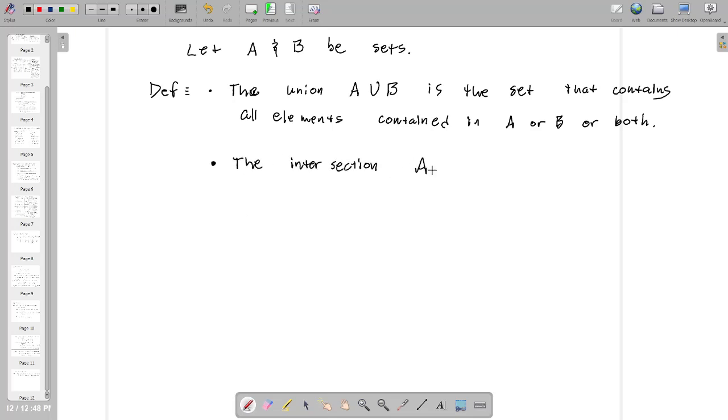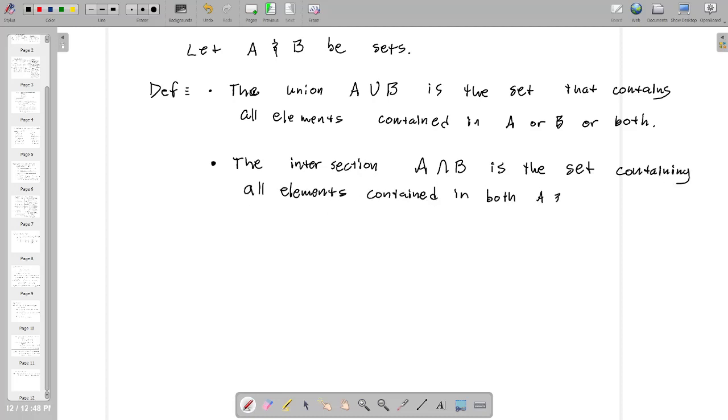The intersection, A intersect B, is the set containing all elements contained in both A and B. Now this sign here is the intersection sign. It's just the union sign upside down. It means that you take A and B and you look for the elements that are mutually in both of them, and then you write that as a new set.